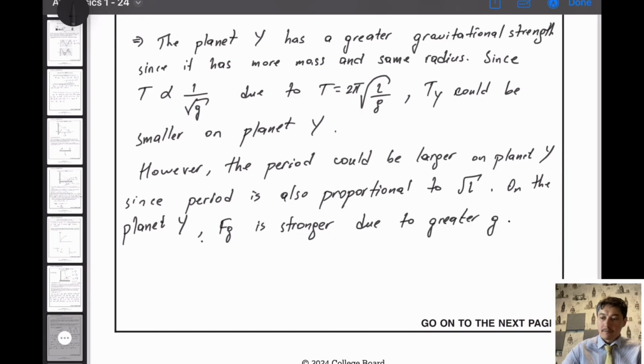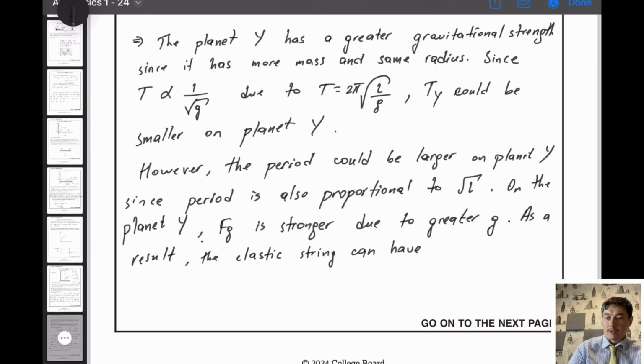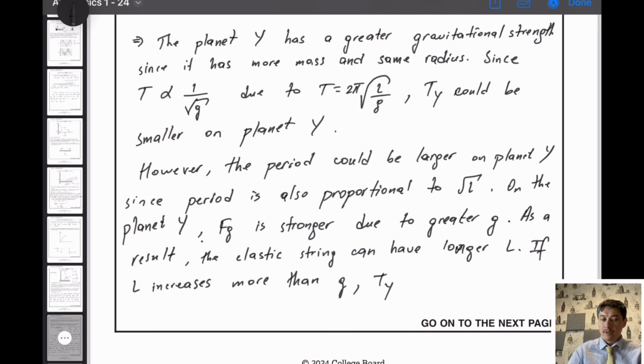As a result, the elastic string can stretch. If L increases more than g, the period on planet Y could be longer.